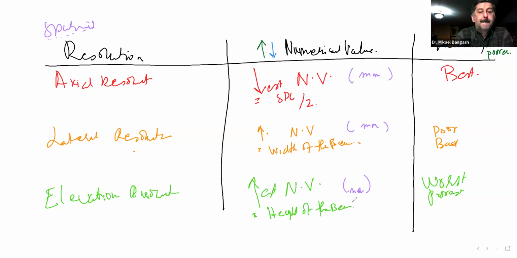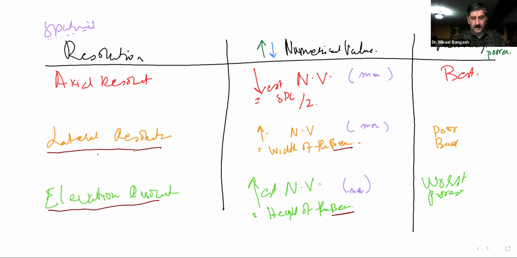Is that clear? Yes. Okay. So when we look at your lateral resolution and your elevational resolution, both of them are going to be related to the size of your beam, or the measurements of your beam. Whereas the axial resolution is going to be dependent upon the size of your pulse.